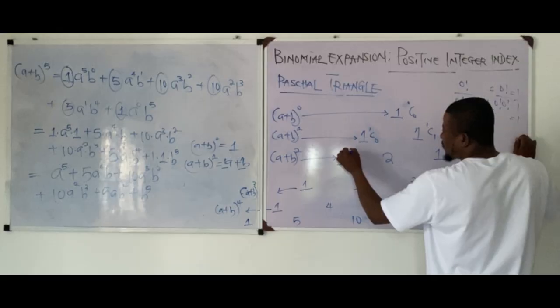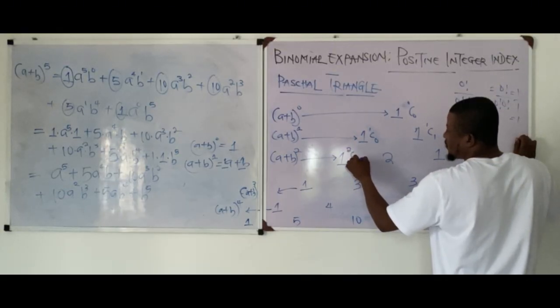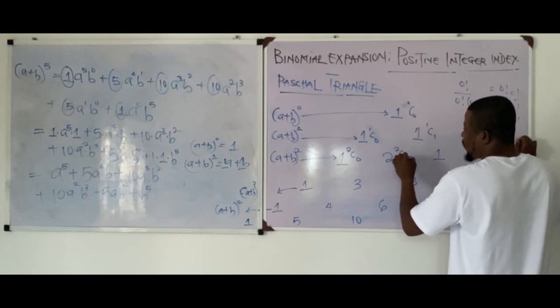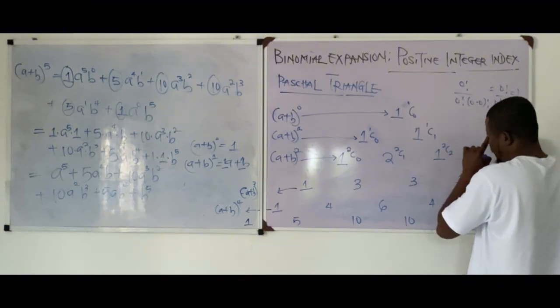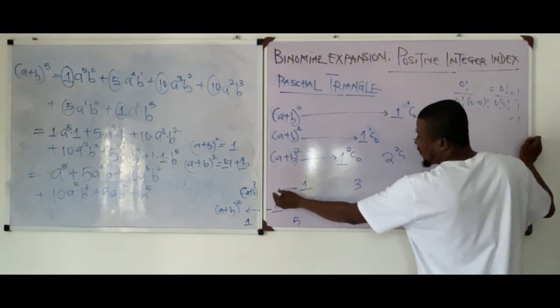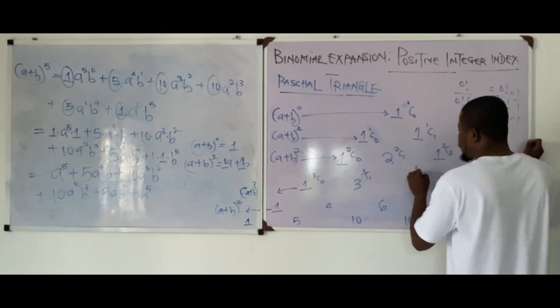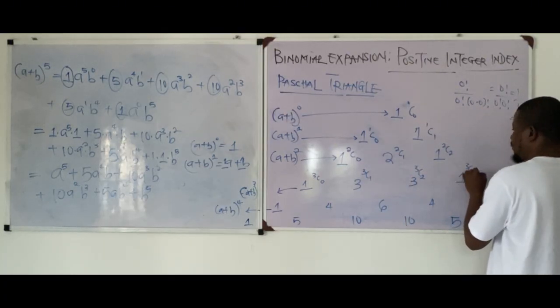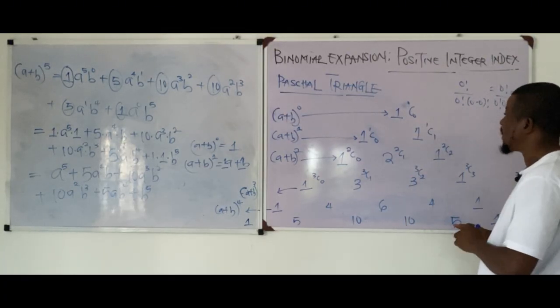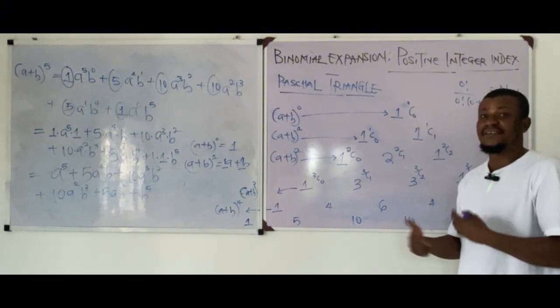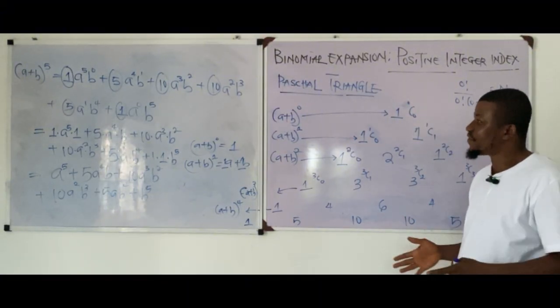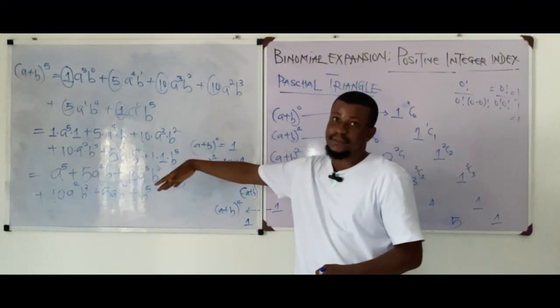For power 2, this is 2 combination 0, 2 combination 1, 2 combination 2. For power 3, 3 combination 0, 3 combination 1, 3 combination 2, 3 combination 3. So basically, this Pascal's triangle gives you the value of the combinations, which is the coefficient of these terms.